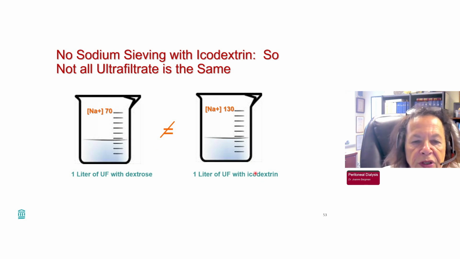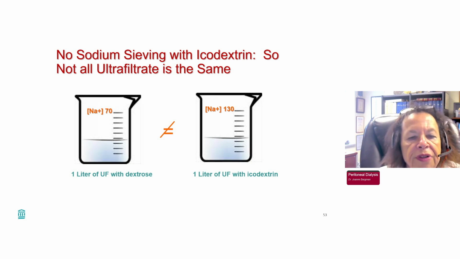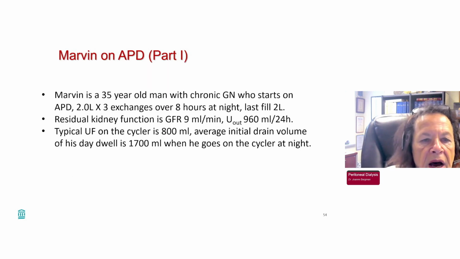Whereas with icodextrin, because all the water removal is occurring isonatrically, the sodium concentration is about 130. So you're getting bigger bang for your ultrafiltration buck by using icodextrin because you're getting more sodium removal per amount of ultrafiltration than you do with dextrose generated ultrafiltration. So that's the clinical relevance of all of that. Okay, let's move on to Marvin.